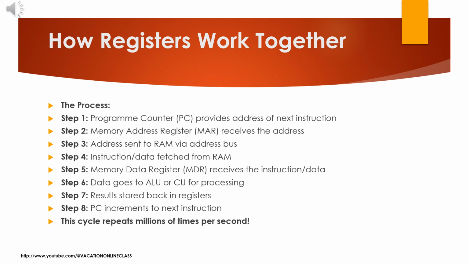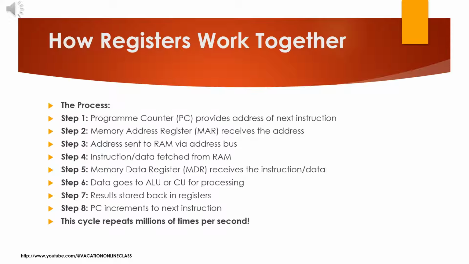Now that we've met the individual players, let's see how the registers work together in a perfectly synchronized process. This cycle happens millions of times every single second within your computer. In step 1, the program counter kicks things off by providing the address of the very next instruction.